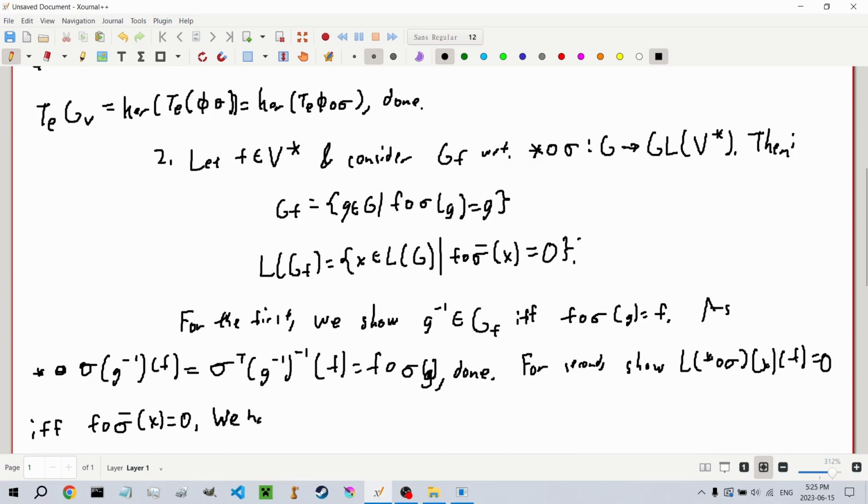We once again have that L of our star composed with sigma of x of f evaluates to negative sigma bar transpose of x of f, being negative f of sigma bar of x.